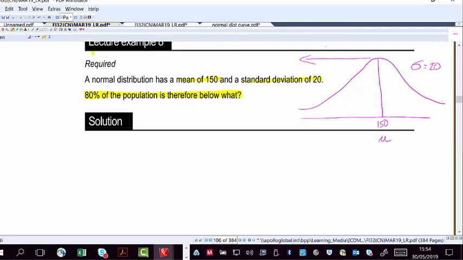We know that 50% of the population is below 150 and 50% is above 150, but we're not asked for 50%, we are asked for 80%. So we need to find 30% from our normal distribution tables. Let's look at the tables and see if we can find what the Z score is at 30%.